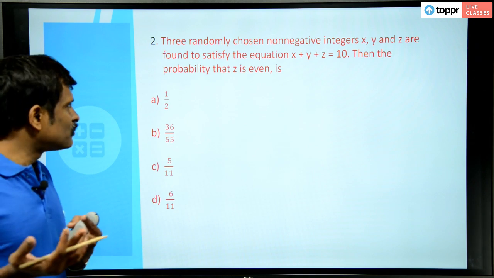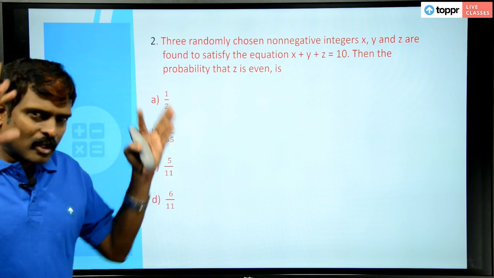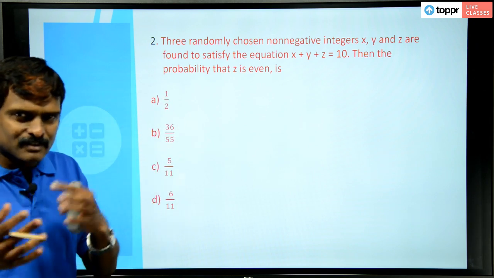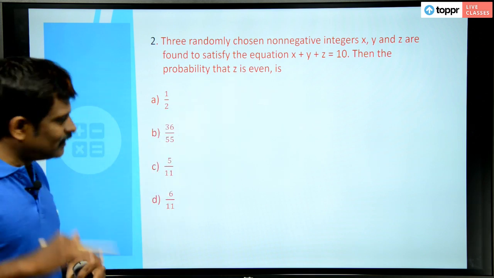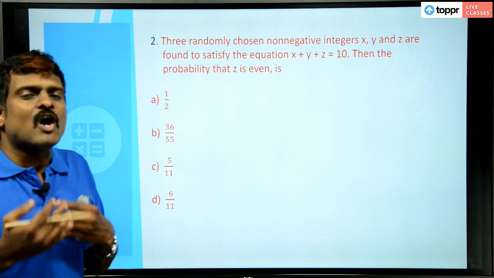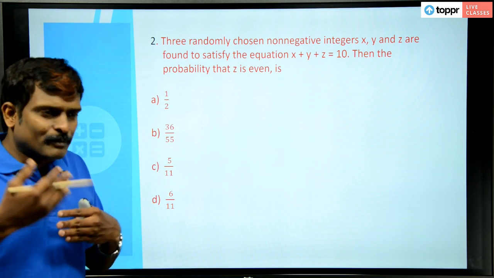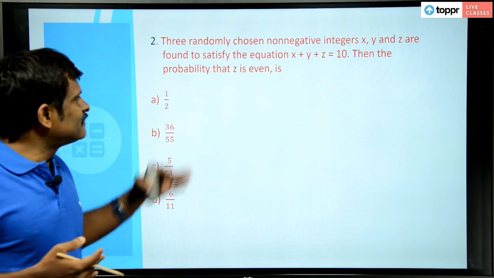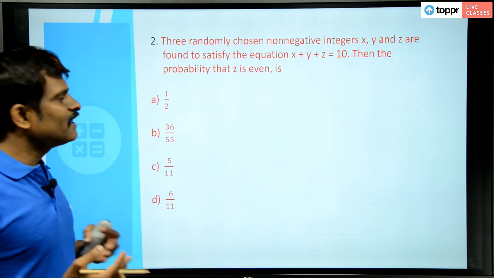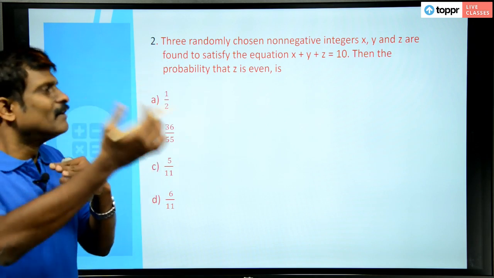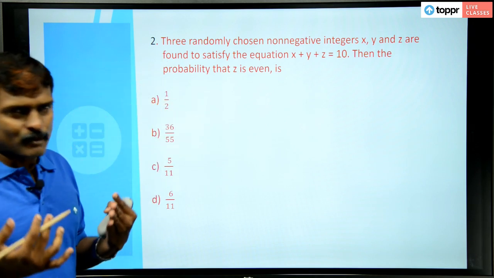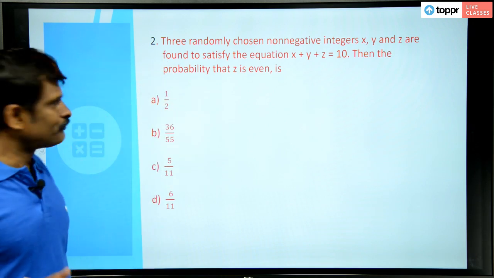So, you have to find the total number of all possibilities, means all different combinations where the sum is 10, and then you have to find in how many cases you can take z as an even number, and then you find the ratio of those two, means the combinations where z is even by the total number of possibilities will give you the probability, right.